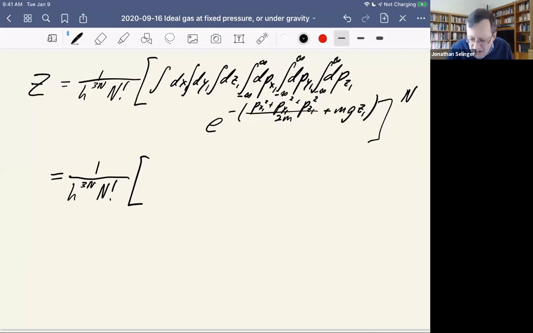And the answer for each of those momentum integrals is 2 pi m kT to the 1/2. That is for the px integral. The same thing for the py integral, the same thing for the pz integral. So if I have all 3 of them, it's this thing to the 3/2 power.